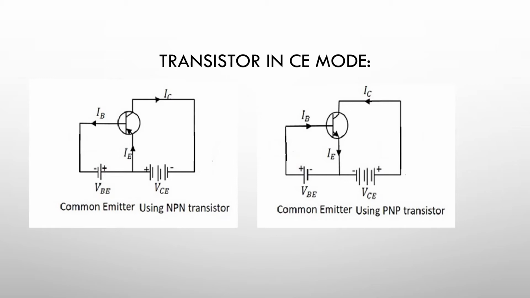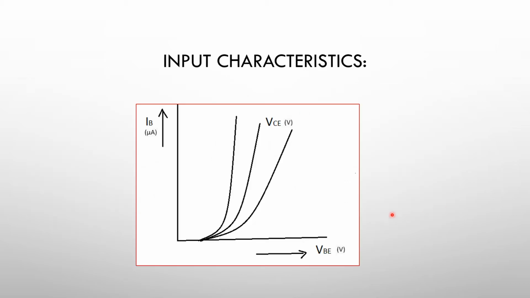So let us see. Here are the input characteristics for CE mode. Here we can observe the curve is plotted between the base current and the base emitter voltage, where VCE is constant.